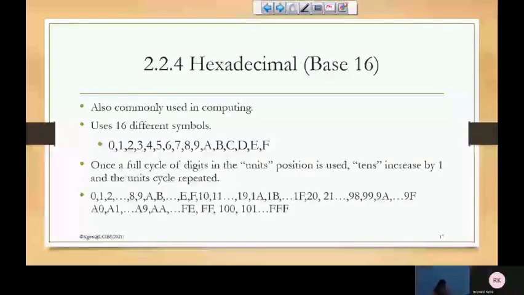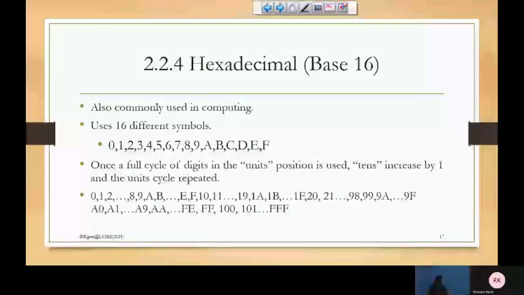After 9A, you get 9B, up until you get to 9F. After 9F, that's when you now get A0, A1, A2, up to AA, AB, AF.